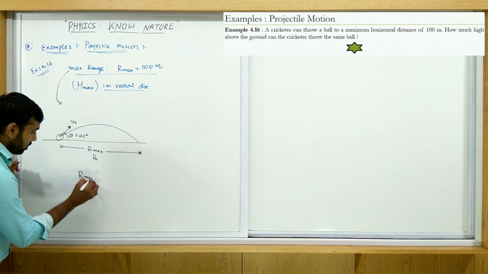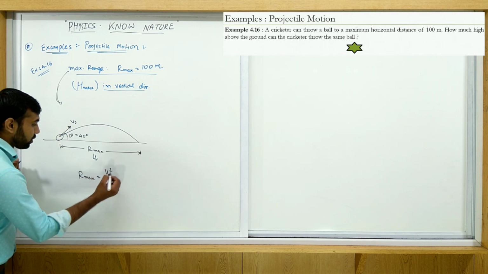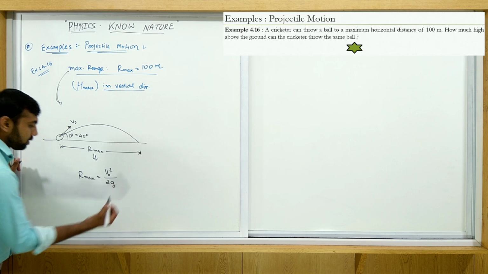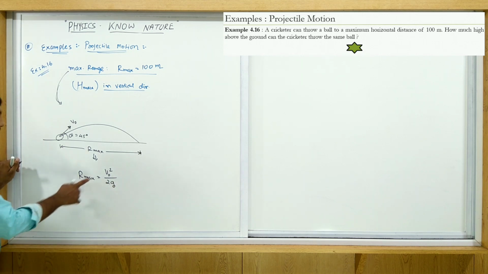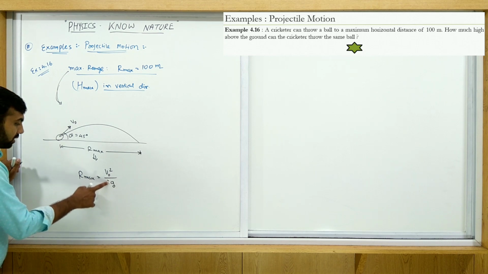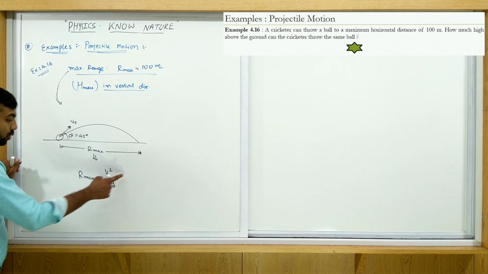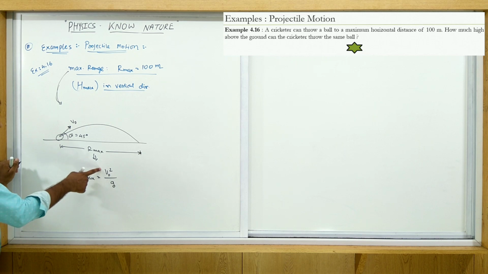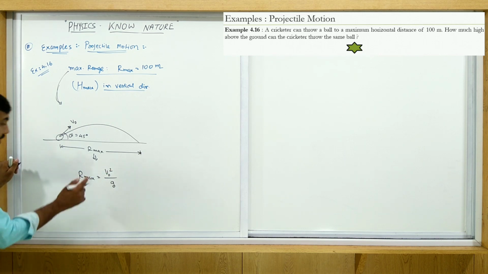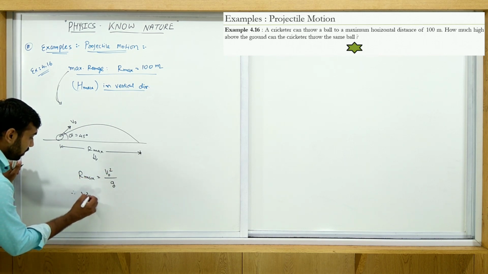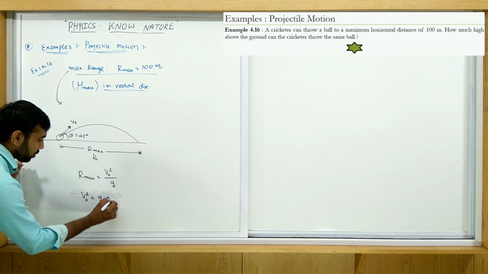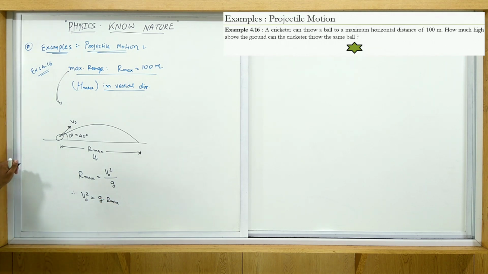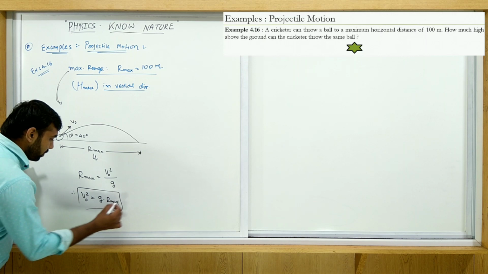R max is equal to, actually this equation is like this, my mistake, v naught square into sine 2 theta upon g. So v naught square upon g. What is v naught square? So v naught square is equal to g into R max. इसको रख दो equation number 1.